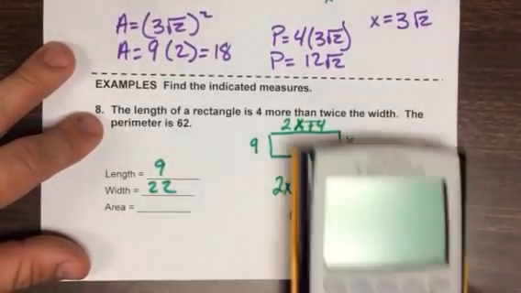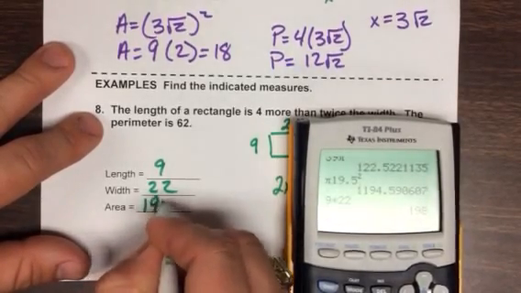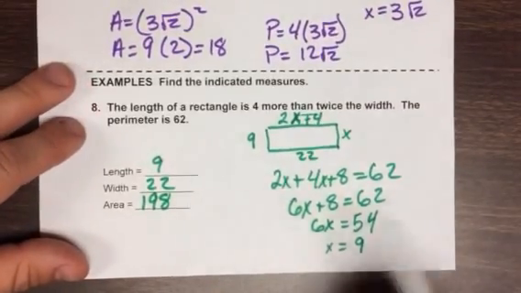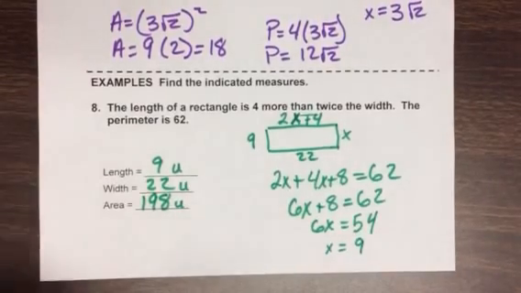I'm going to pull my calculator out and say 9 times 22 to get me my area of 198. Again, I've been doing bad on this, but units are very important, so please make sure you list your units there if they give you any. If not, you can always put U for units.